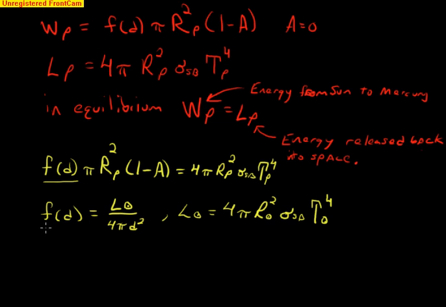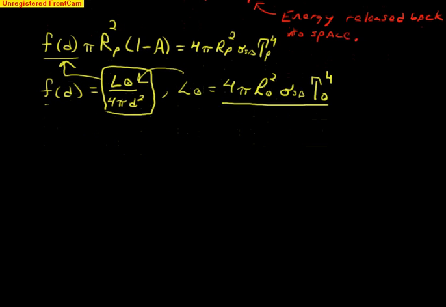And what I'm going to do is plug this whole thing into here, and then take all of this and plug it into here. And this is what we're going to get. Let's write all this out.